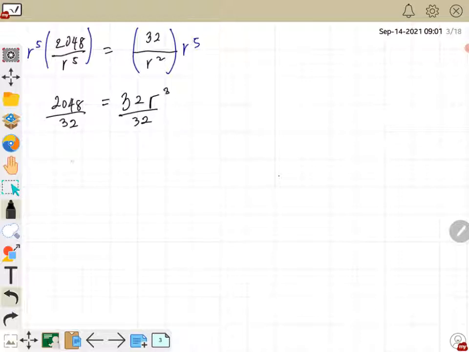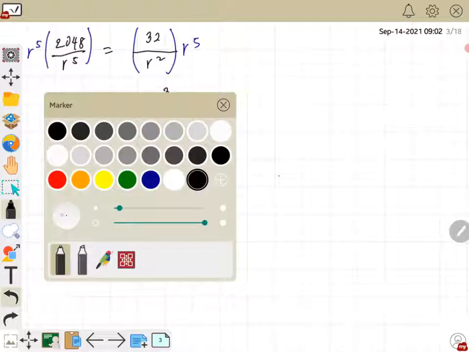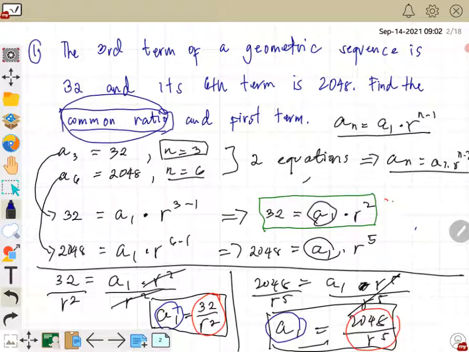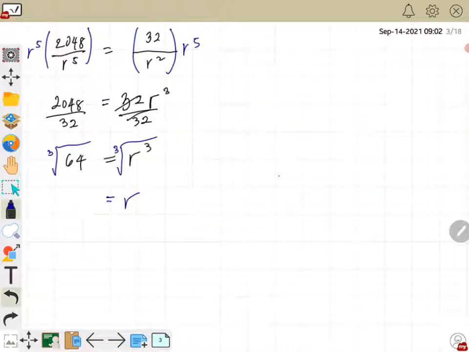We get 2048 divided by 32, we get 64. So this one is only r cubed. Since this is cubed, we take the cube root of 64 and the cube root of r cubed. The cube root of r cubed is r, which is our desired common ratio here. The cube root of 64 is just 4. So we have already our common ratio r.